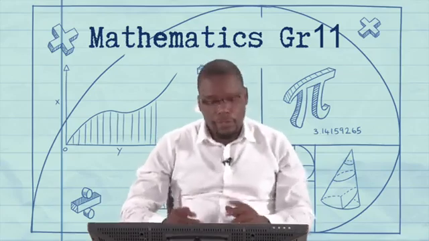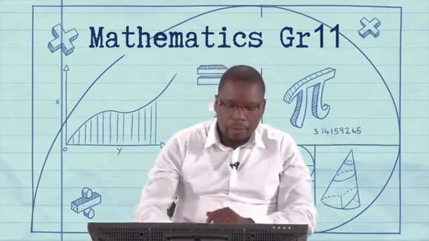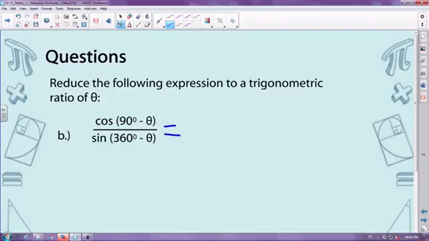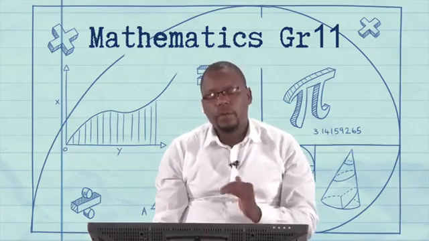All right, guys, let's just check if we're on the right track. We said, first of all, we need to establish which quadrant we're working in. The 90 degrees minus means that it's an acute angle, in the first quadrant. And we said all the trig ratios are positive in the first quadrant. Now, let's go back.